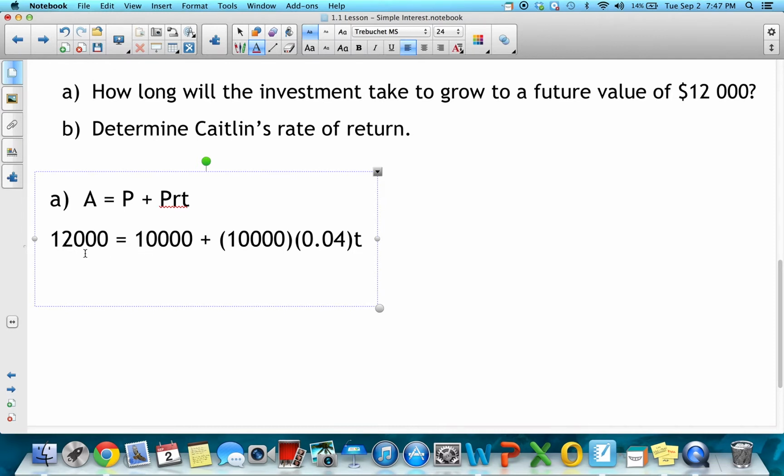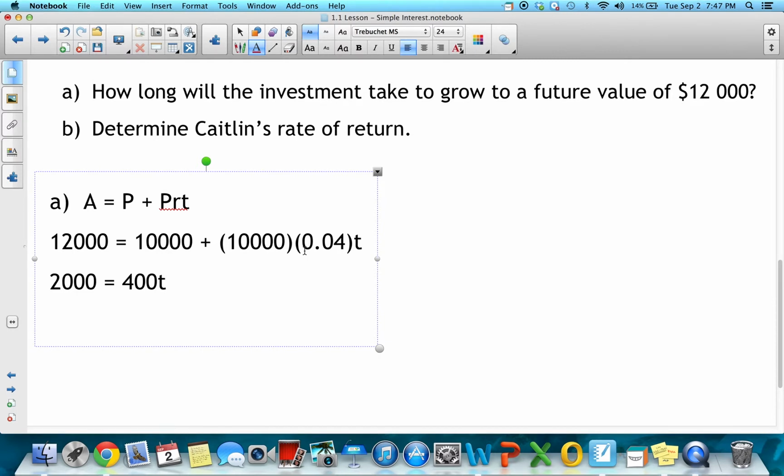So I'm going to subtract 10,000 and end up with 2,000 over here. And then I'm going to also multiply 10,000 by 0.04, and I'm going to get 400t. To isolate my t variable, I need to divide both sides by 400 because 400 is being multiplied by t. 2,000 divided by 400 is 5. So that's what my term is. It's going to take her 5 years for her $10,000 to grow into $12,000 at that simple rate of interest.